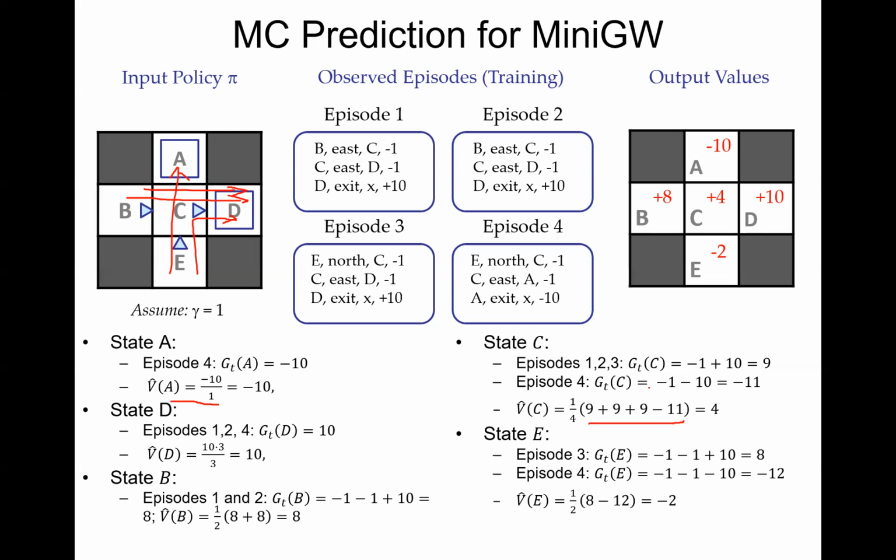This is a regular average because it is averaging across different episodes, whereas within an episode you would use the weighted, incremental update. Within each episode, every state is visited only once, so you do a simple average across different episodes.